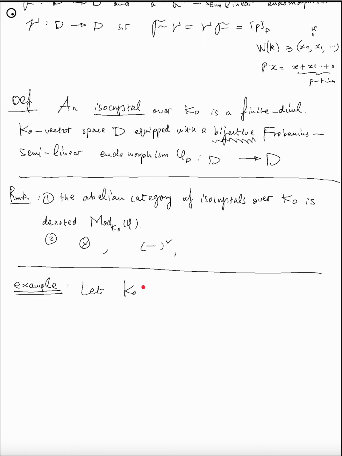Let K0 phi be K0 with phi invert p, with phi equal to the Frobenius mentioned above, be the twisted polynomial ring.